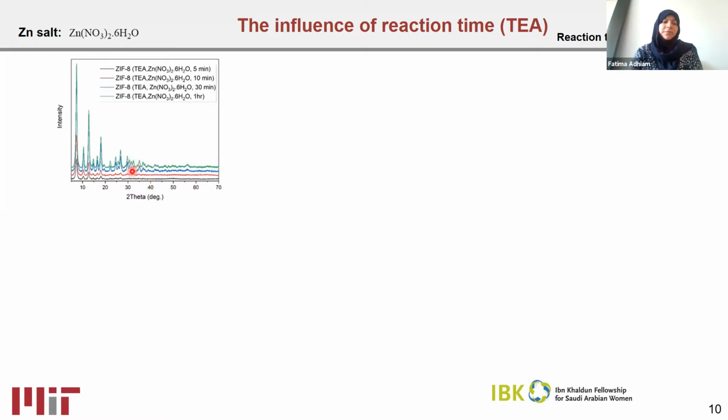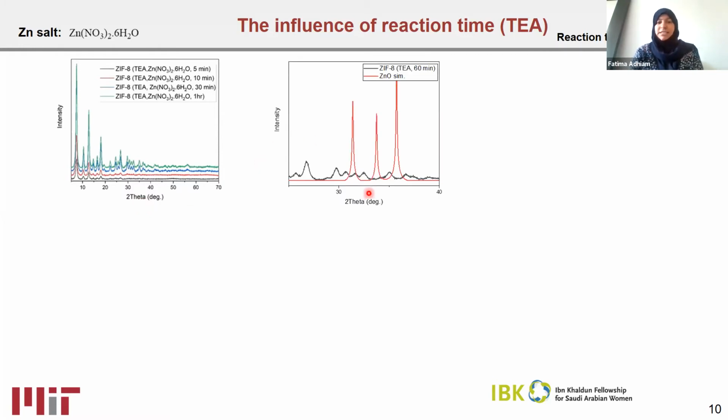Furthermore, to confirm the absence of zinc oxide as an impurity or byproduct of this material, the area between 30 and 42 theta degrees has been matched with the reflections from the resulting material. As you can see here, the peaks belonging to the simulated zinc oxide do not match the peaks from the resulting material, confirming the absence of this material.